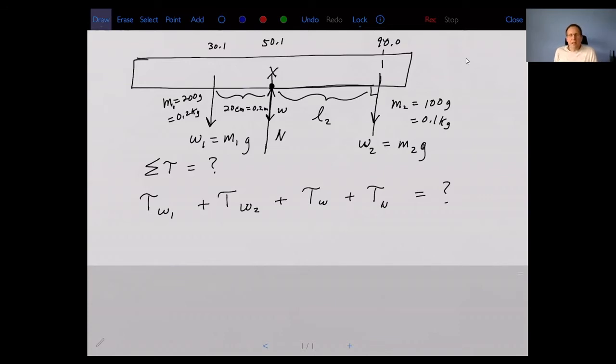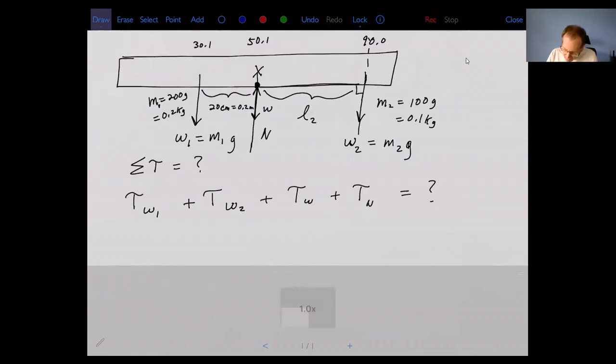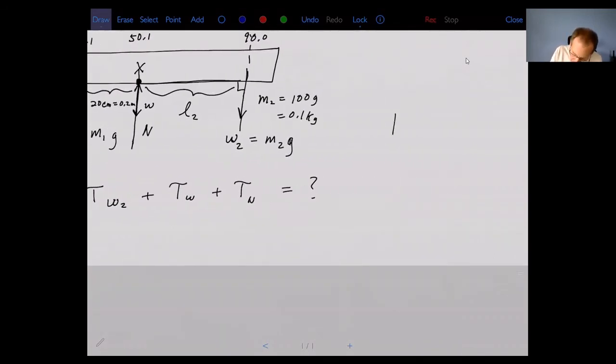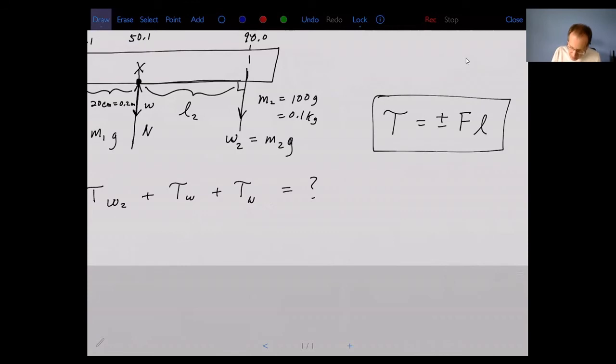Now the question is, can we simplify any of those torques right off the bat? Can we just eliminate any of those torques? Yes, because remember, the equation for torque, I'll write it over here, is plus or minus the force times the moment arm. We're going to need that to do each of these.